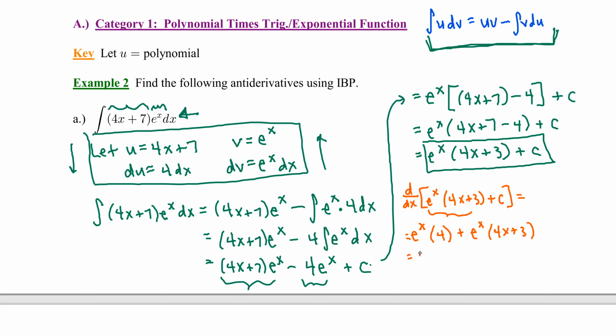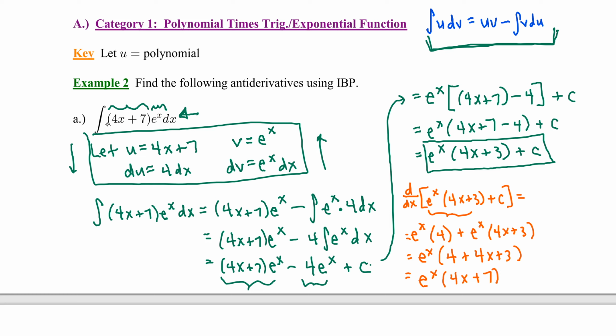If we simplify, we have 4e to the x plus, let's factor out the e to the x. So we're going to take out our greatest common factor, e to the x. That's going to leave behind 4 plus 4x plus 3, which simplifies to e to the x times, let's go in descending order here, 4x plus 7.